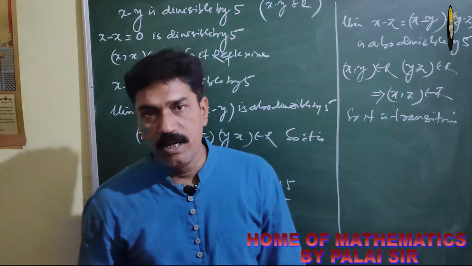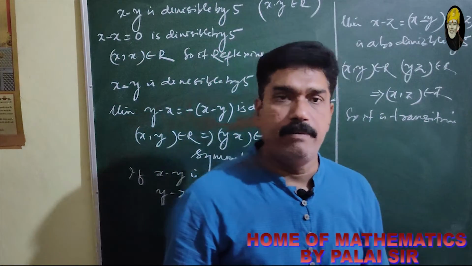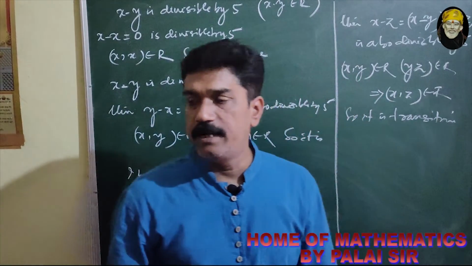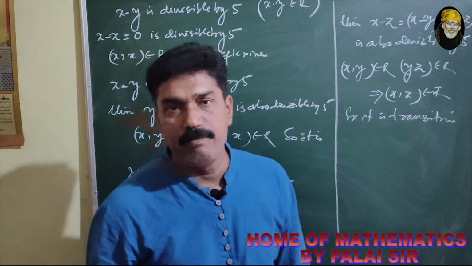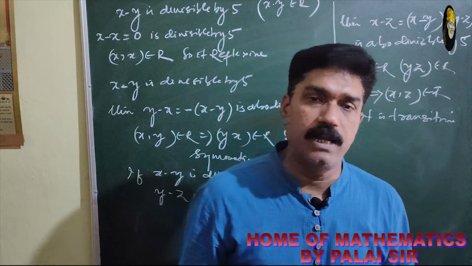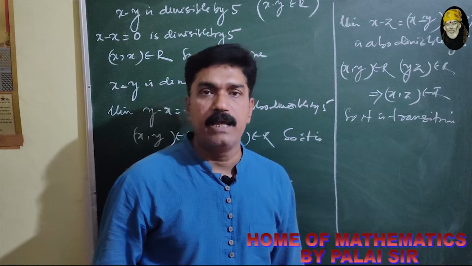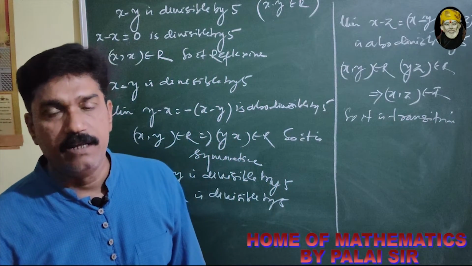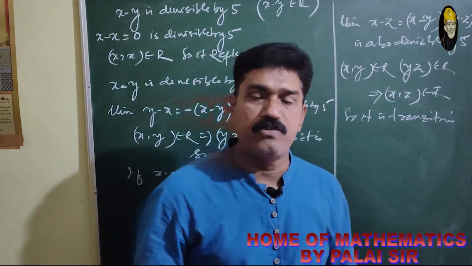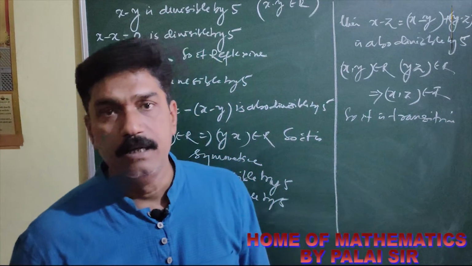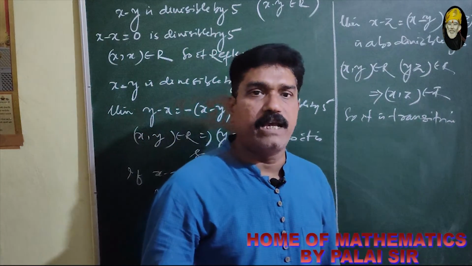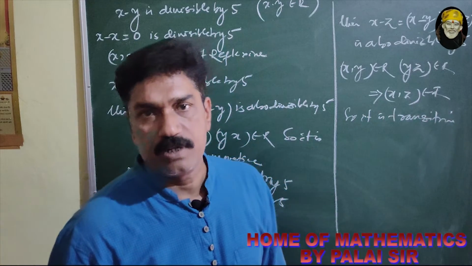Then you take the relation between two different elements x and y, and the same relation should exist between y and x, then it is symmetric. And for transitive, take the relation between x and y and z, then prove whether the relation exists between x and z. If it exists, that is called transitive.